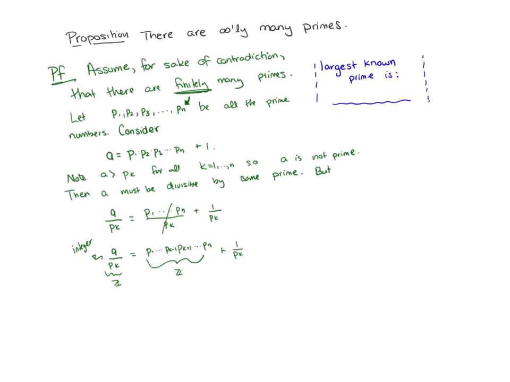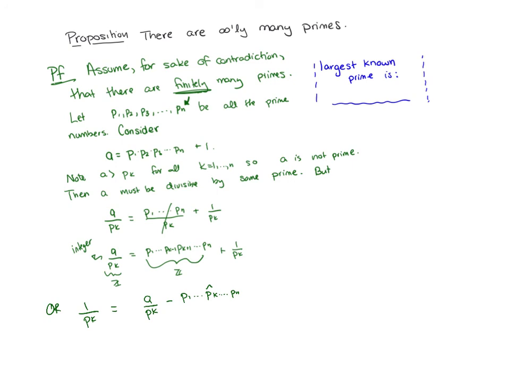Or I can say that 1 over pk is equal to this A over pk minus p1 all the way up to, there's actually this neat notation where you put the pk in there, but then you put a little hat on top of it. That means we're going to remove that from its product.